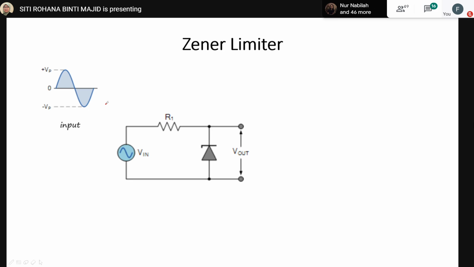The same trend can be seen from the output signal without any slicer, limiter or clipper. In this circuit, during the positive half waveform, the Zener diode is reverse biased, so the waveform is clipped at the Zener voltage Vz. Clip is something like trim, so you set the cutoff of the voltage at the Zener voltage.